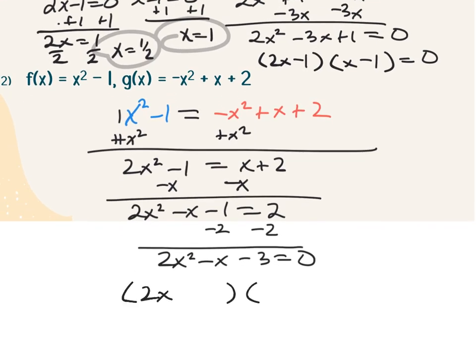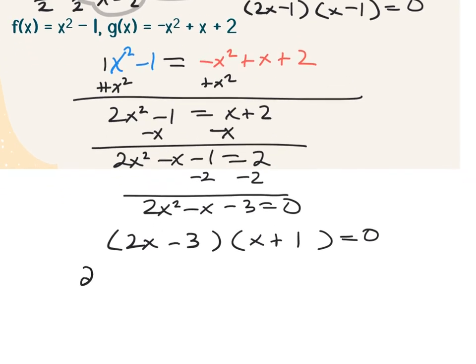Guess and test. Factors of 2x squared are going to be 2x times 1x. And then factors of 3 are going to be 1 and 3. I just have to figure out where to put that 1 and 3. So I'll try it there. That gives me 2x, 3x. That works. Set each of the factors equal to 0.